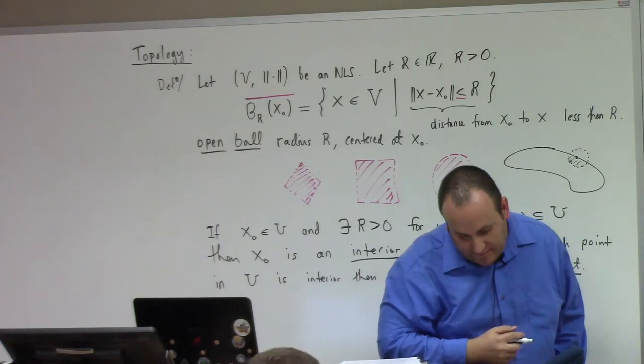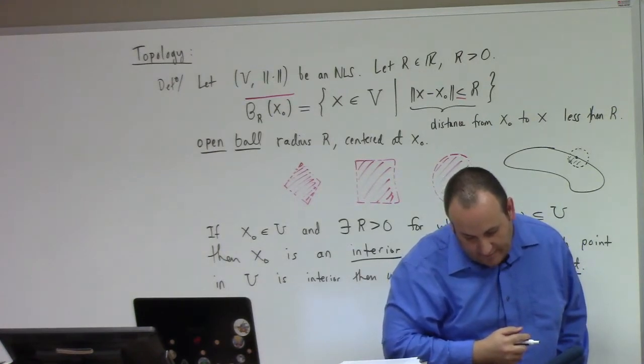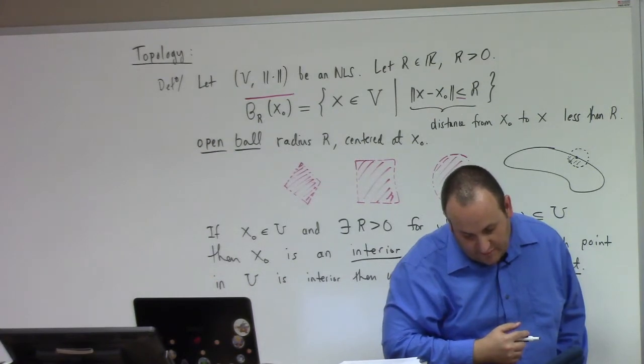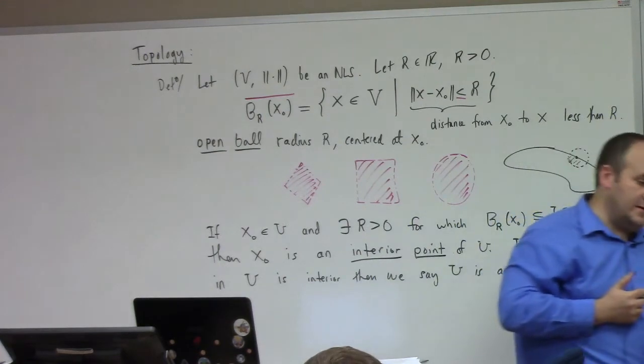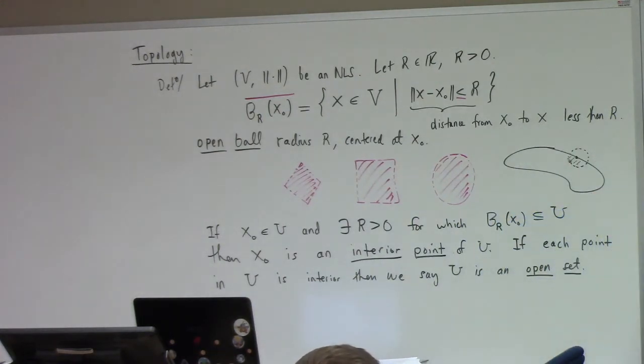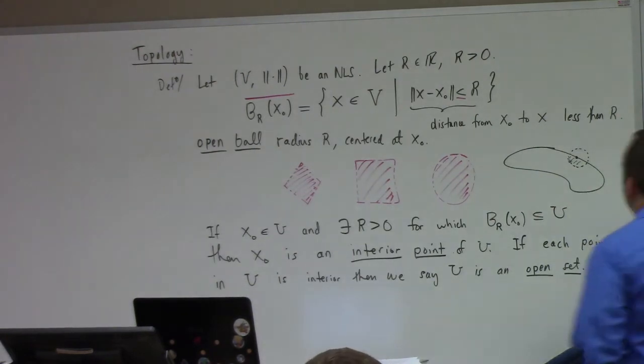You can talk about an isolated point. What's an isolated point? A point is an isolated point of a set if there exists some radius such that, at that radius or smaller, there are no points of the set in that open ball except for that isolated point. It's just what it sounds like. So an isolated point is out here.